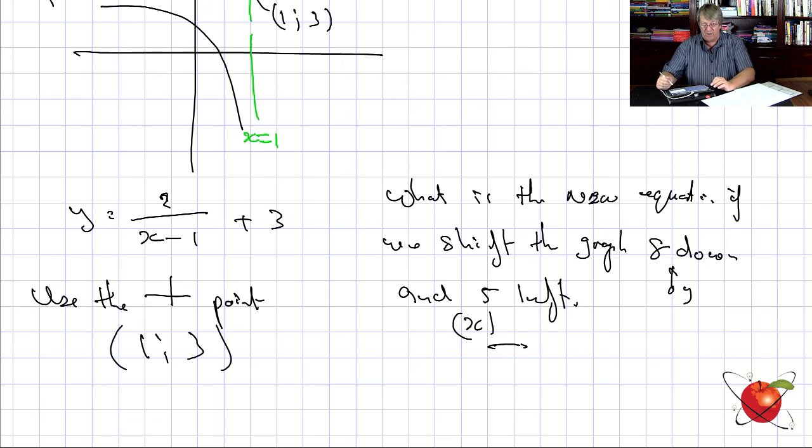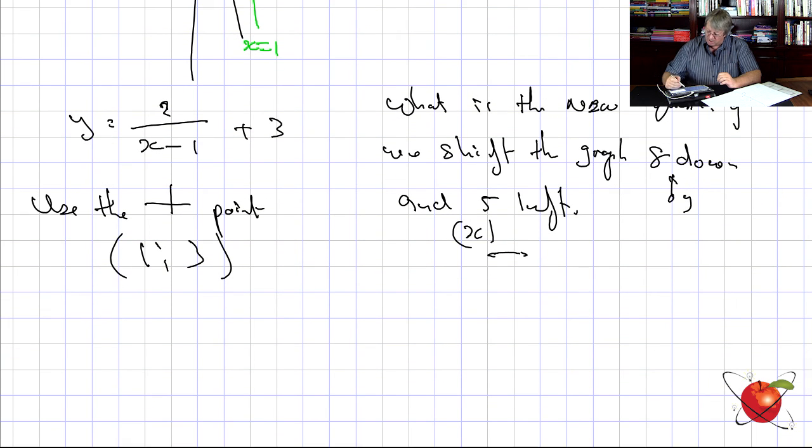So if I'm going left or right, I'm affecting the x. If I'm going up or down, I'm affecting the y. So I am moving 8 down. So this is the old point. So now how do I get to the new point?